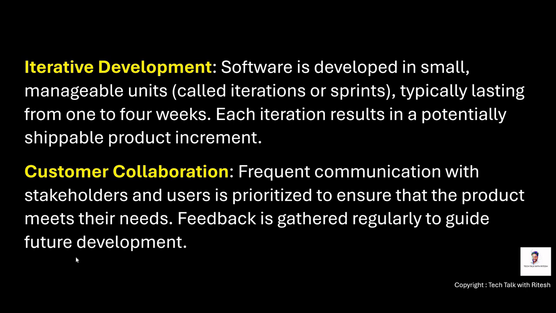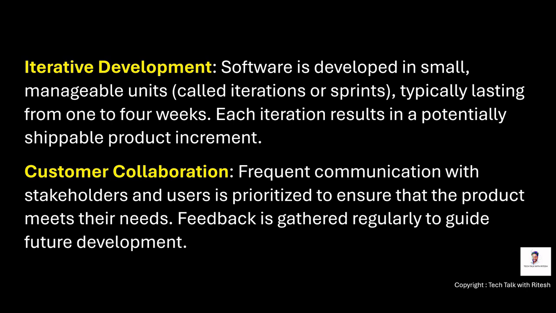Let's see the key principles of the agile model. First one is iterative development. Software is developed in small manageable units called iterations or sprints, typically lasting from 1 to 4 weeks. Ideally, a sprint is usually 1 or 2 weeks. If it is a 4-week sprint, then it might not give you that agile flavor.